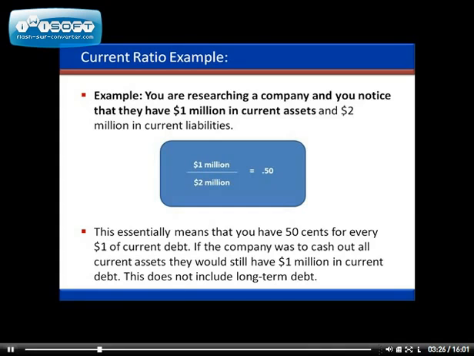What this essentially means is that the company has 50 cents for every dollar of current debt. So in essence, if the company was to cash out all of its current assets, they would still have $1 million left in current debt. And this doesn't even include long-term debt.